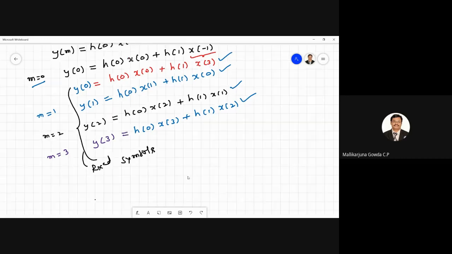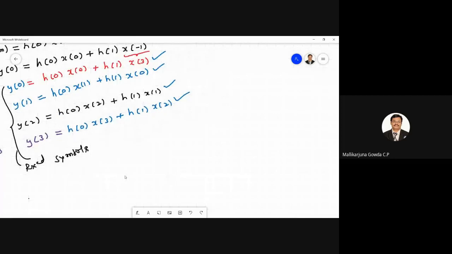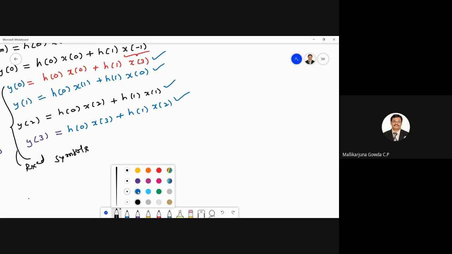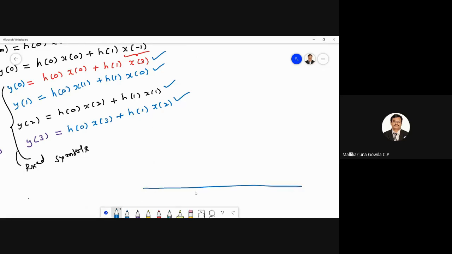To give a better clarity, let me write here. Let me first draw one line. Let me represent these input sequences, x of 0, then x of 1, then x of 2, then x of 3, with some magnitude.